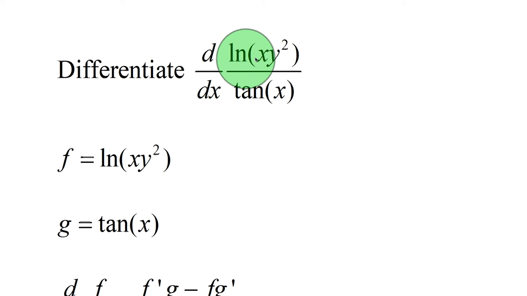Within the top part of the quotient, we have a chain rule. Inside the chain rule, we have a product rule, which involves implicit differentiation. So quotient rule, chain rule, product rule, and implicit, all in one problem. And we also have derivative of a transcendental function, natural log, and derivative of a trig function.